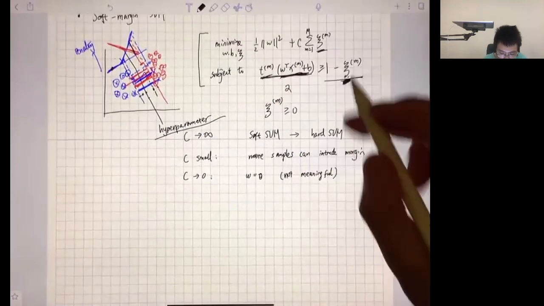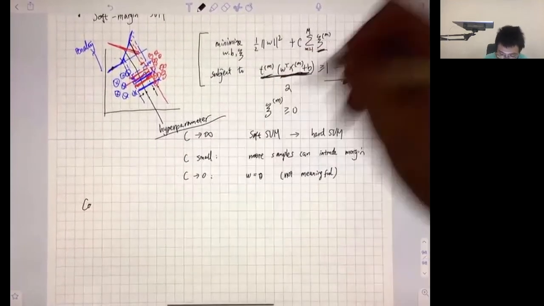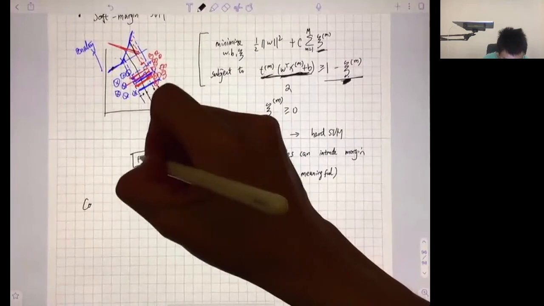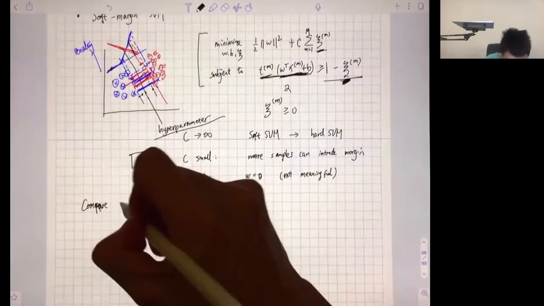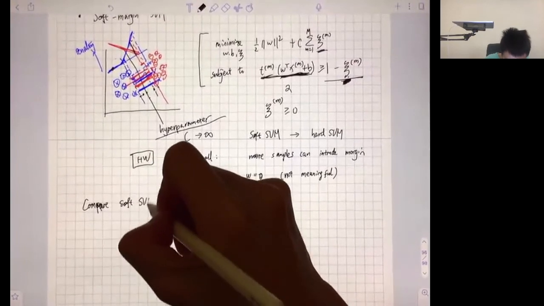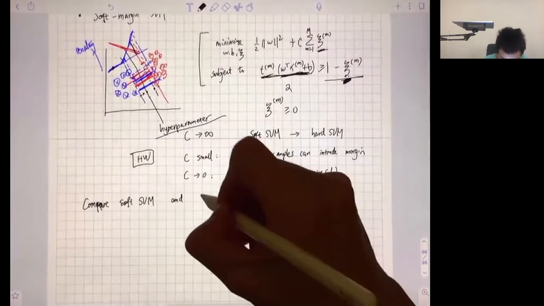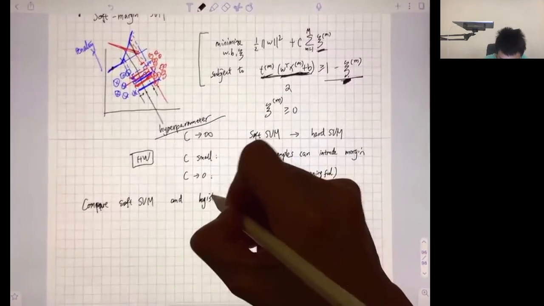How to solve this problem is the homework. But we're going to compare the soft SVM and the good old logistic regression.